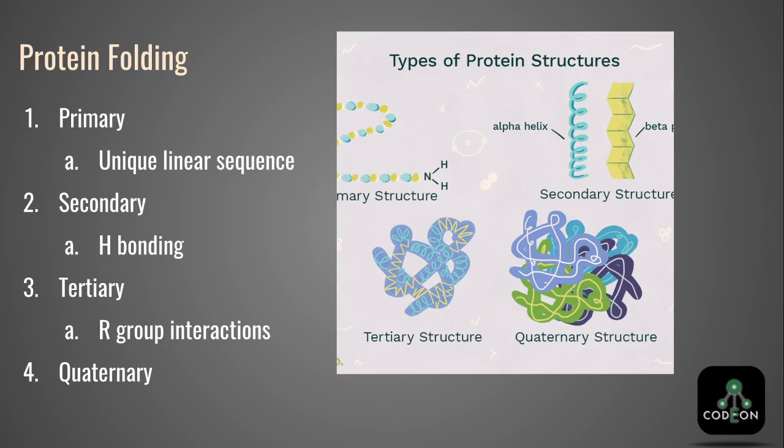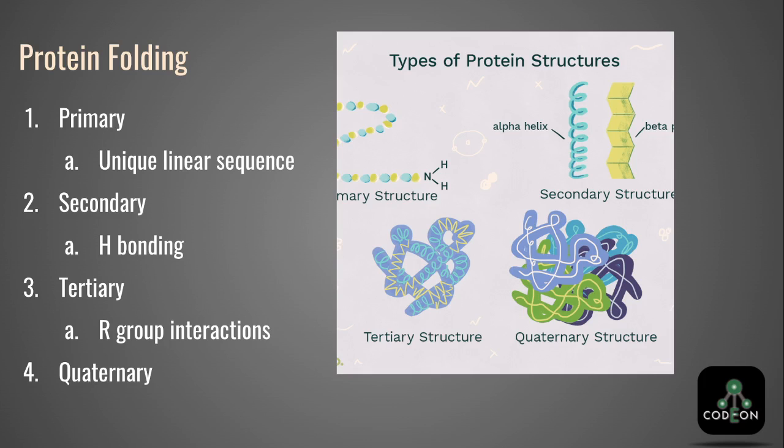And then tertiary, on the other hand, is formed when R groups interact. These interactions give rise to a variety of different bonds, such as hydrogen bonding, ionic bonding, hydrophobic interactions, disulfide bonds and bridges. Just know that what you need to know about tertiary structures is that it forms from R groups.